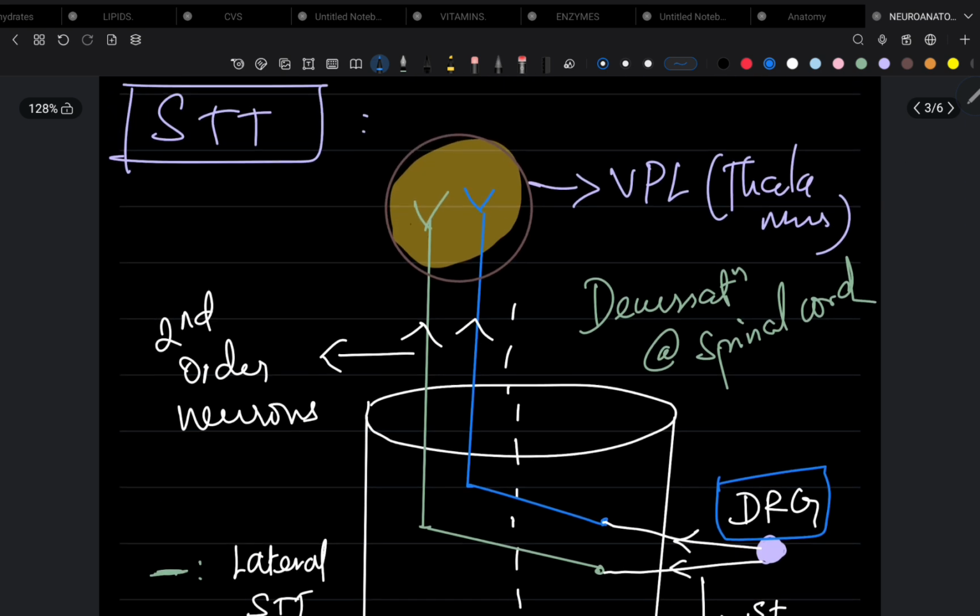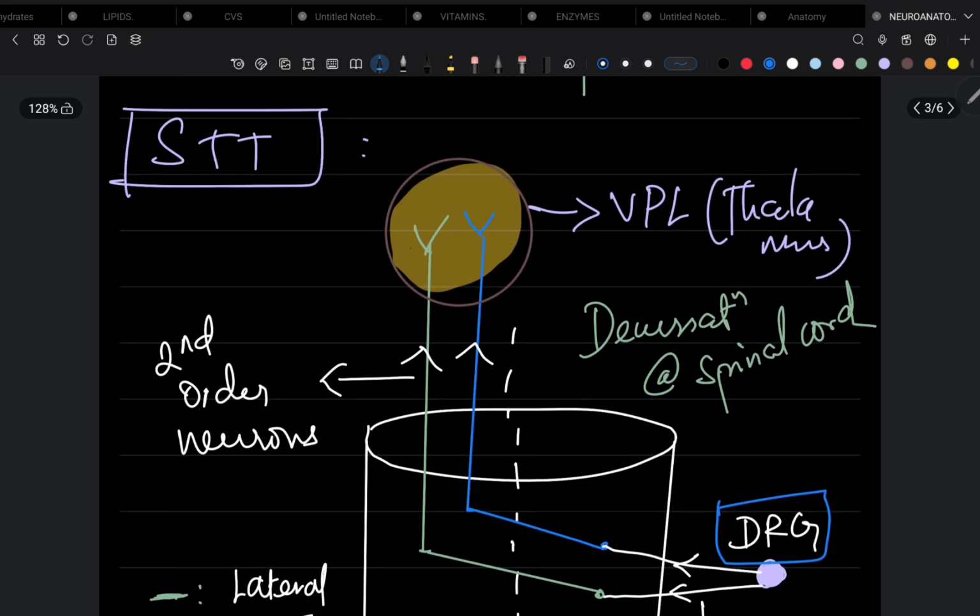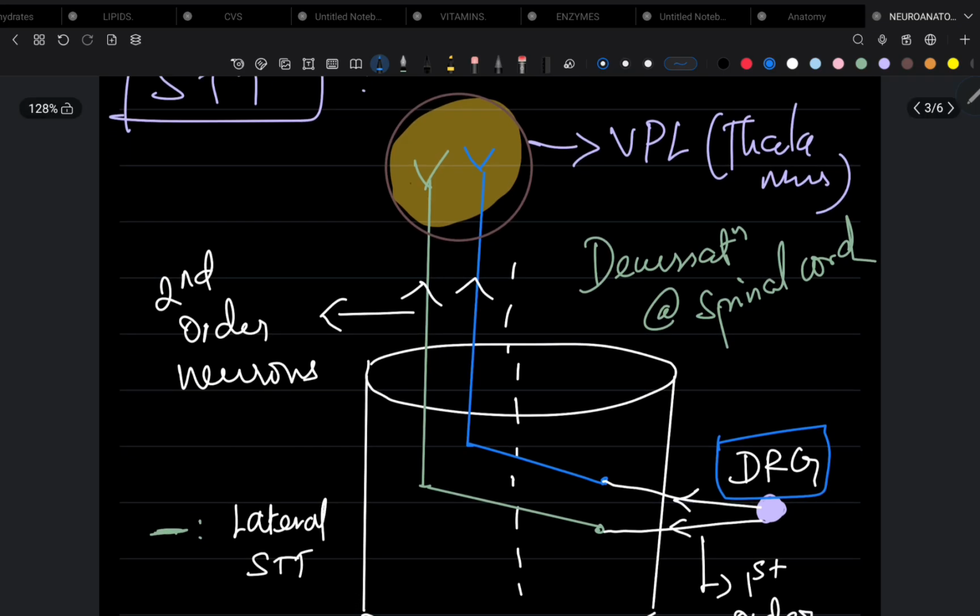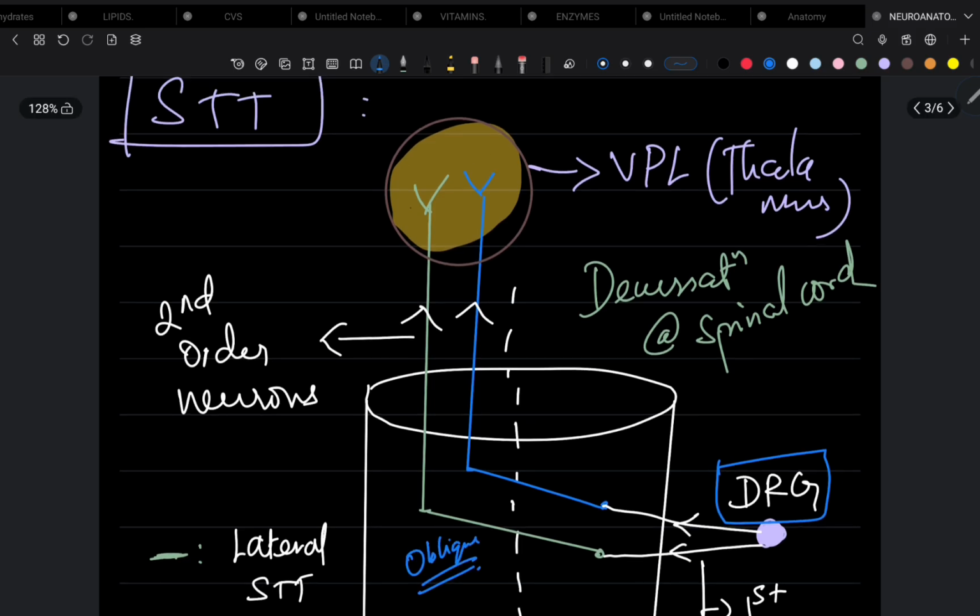Okay, that oblique decussation is very important. We will learn the importance in Brown-Séquard syndrome. So in the next video, I will post about the Brown-Séquard syndrome. In that video, you will find the importance of the oblique decussation, why I stress on it.